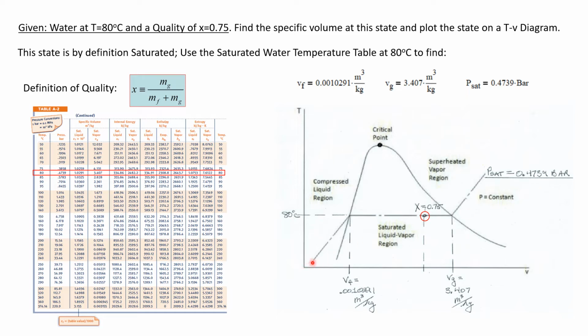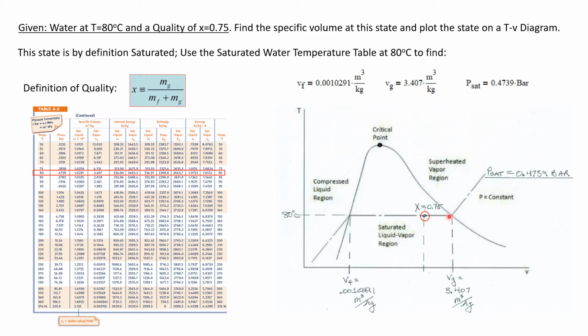So let's also draw that line. Remember, a constant pressure line on a TV diagram goes up to the right. It's always horizontal under the vapor dome. So this is the pressure line representing this saturation pressure of 0.4739 bar.